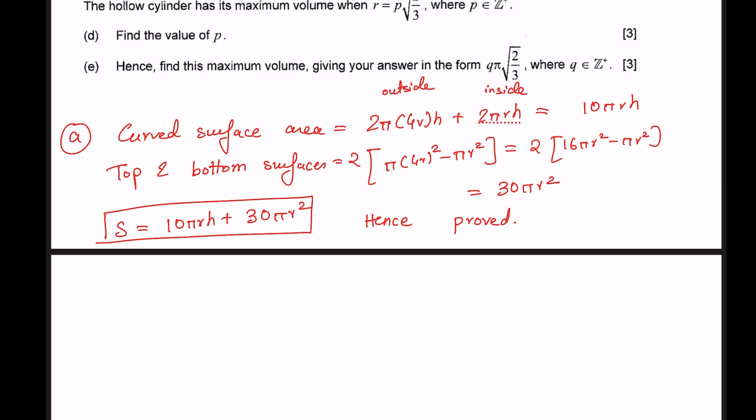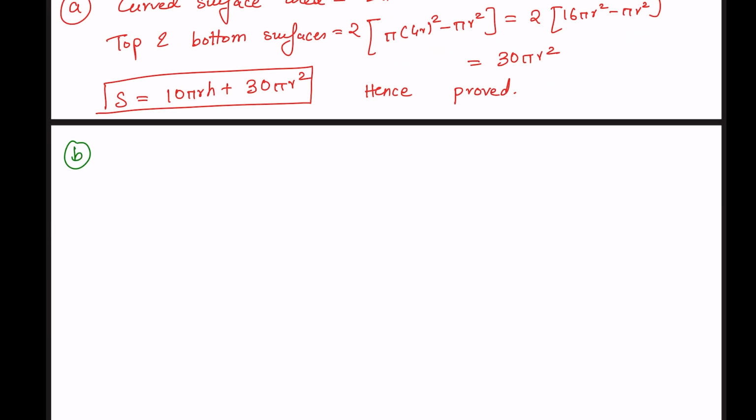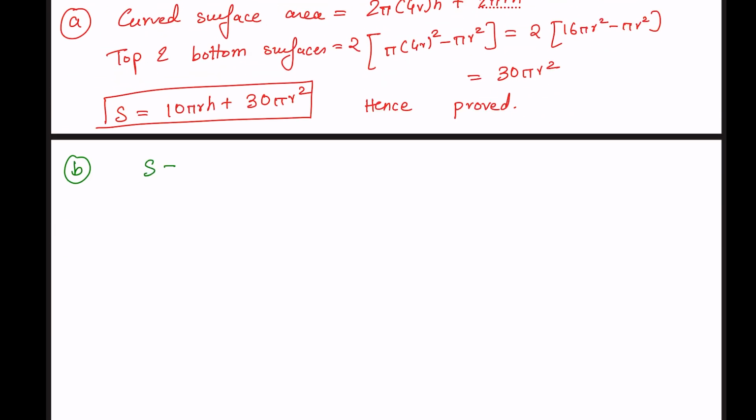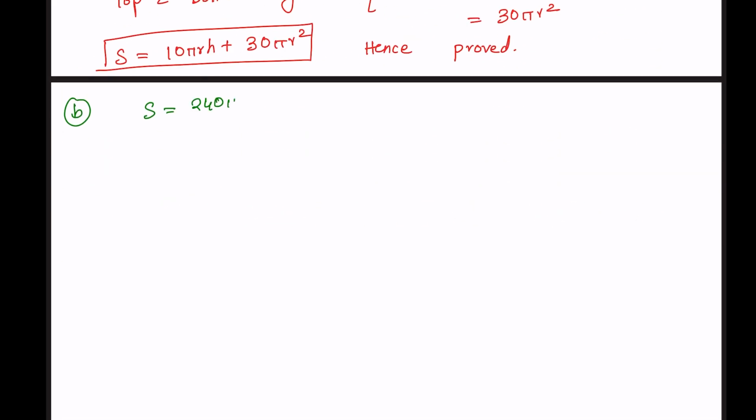Okay. Now we have the next part. Next part is the total surface area of the cylinder is 240 pi, show that the volume is 360 pi r minus 45 pi r cubed, right? It says that the total surface area S is equal to 240 pi. Therefore, from the first S expression, I can equate this.